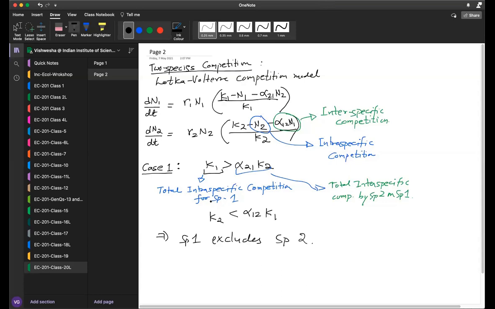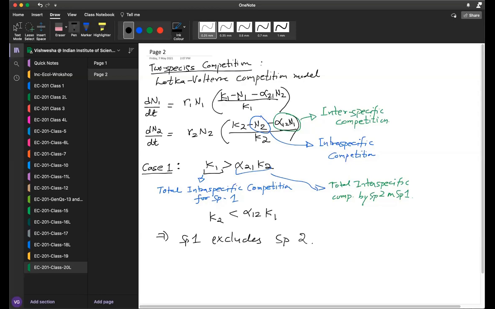Let's consider that extreme. In such a case, if you introduce a small amount of species 1, what do you think will happen? What's the total competition felt by species 1 now? It will be this term, alpha 2 1 K2, right?